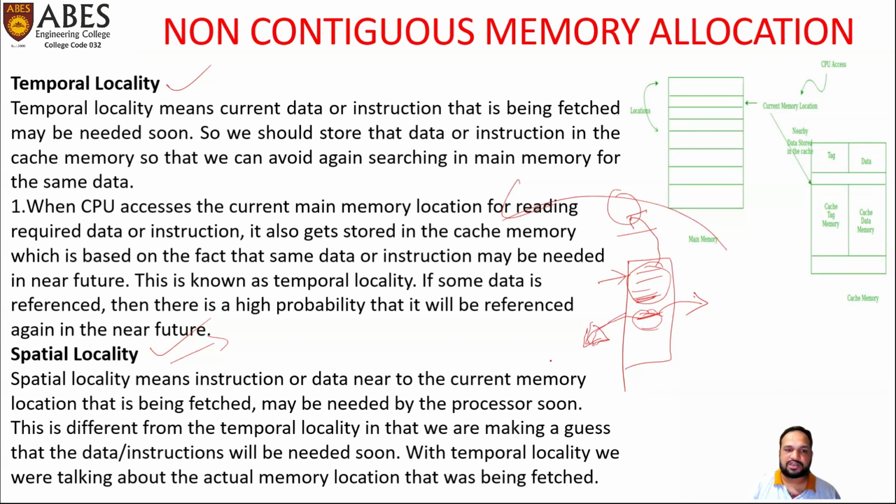That is what spatial locality means, referring to data through data or instructions. This is different from temporal locality in that we are making a guess, not hitting the actual address.